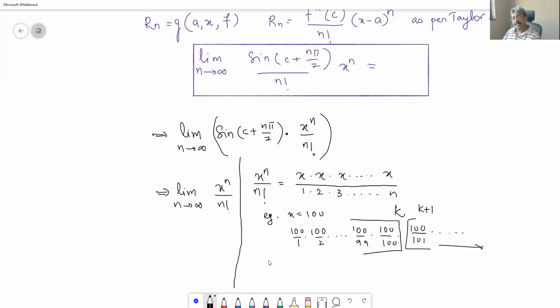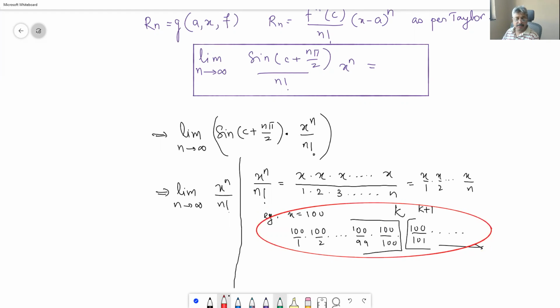Do you all agree with this? So for this, what we can write is x upon 1 into x upon 2 dot dot dot x upon n. This is what we have. So if we consider this explanation for x equal to 100, I can write it in terms of x looking like this.